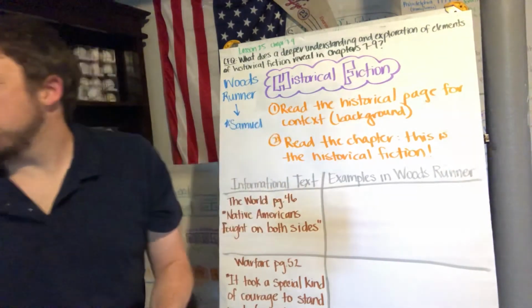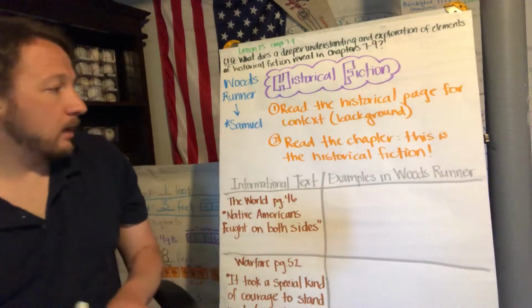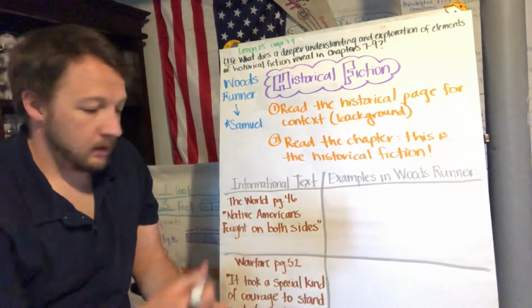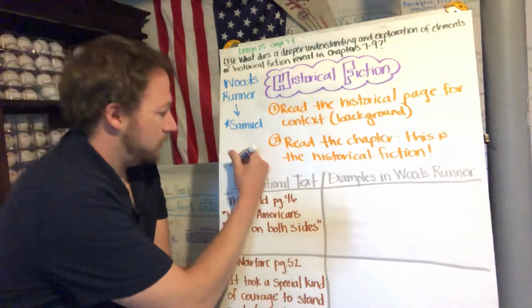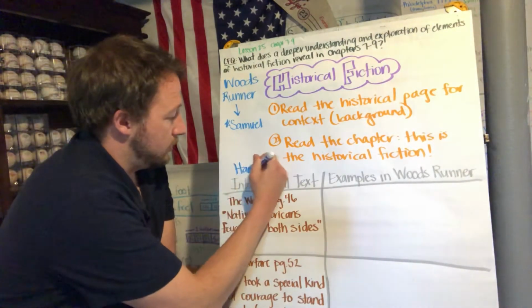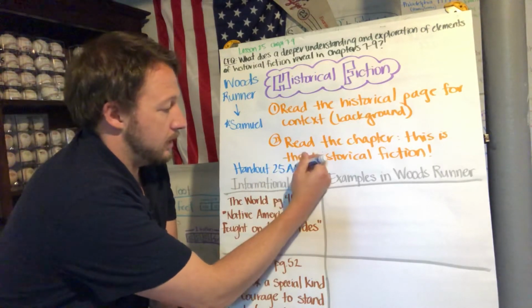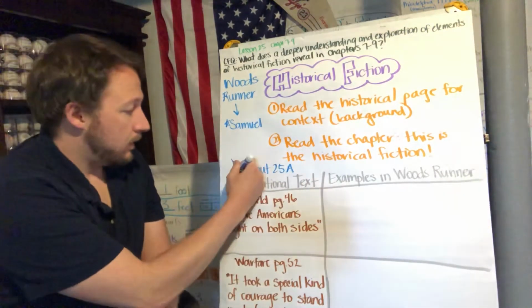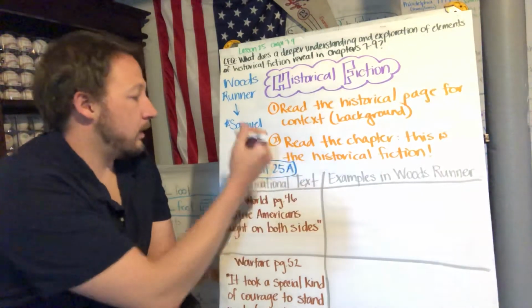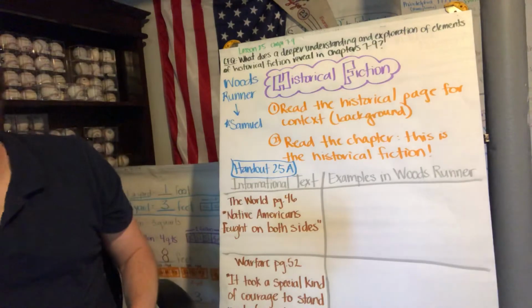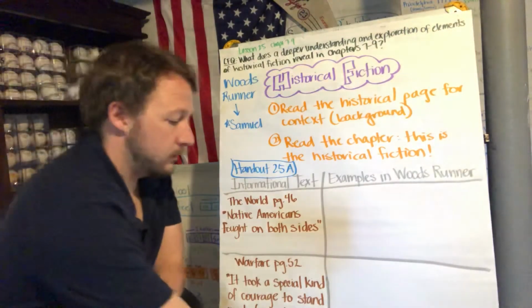Okay? So, I'm going to start off by showing you the chart you're going to be working with today. It's going to be Handout 25A. Okay? And on Handout 25A, I need a new marker, so go with green.